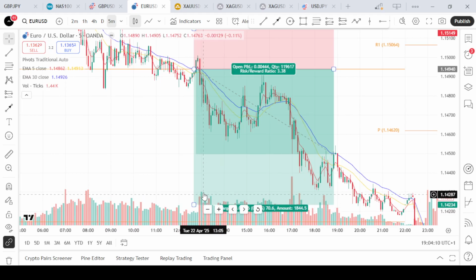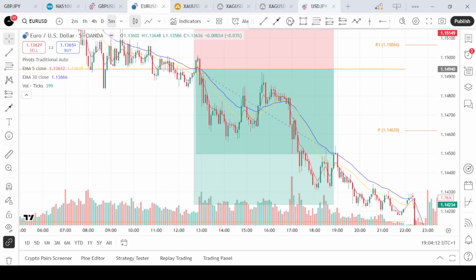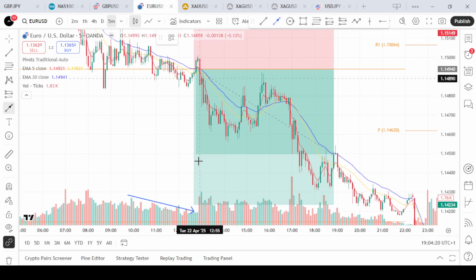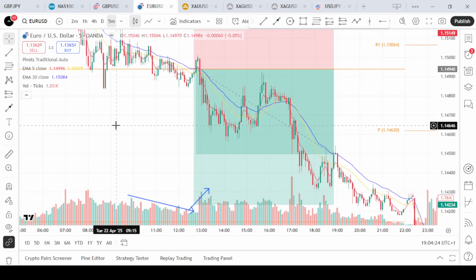The moment we spotted our engulfing candle, we can see it was backed up by volume. This further strengthens our market conviction and improves the reliability of our signal.